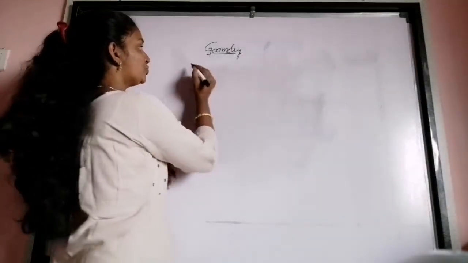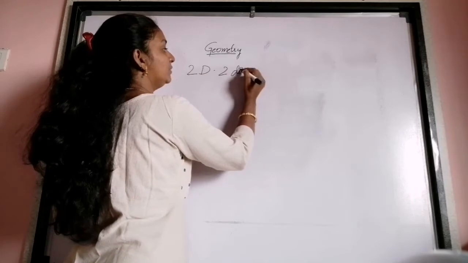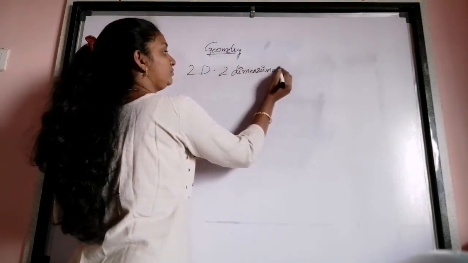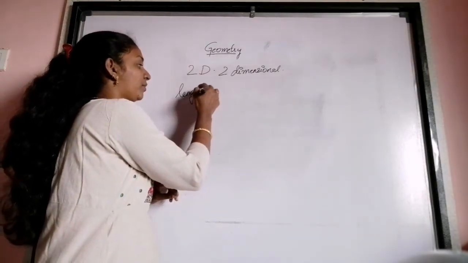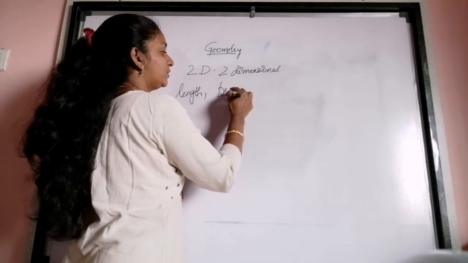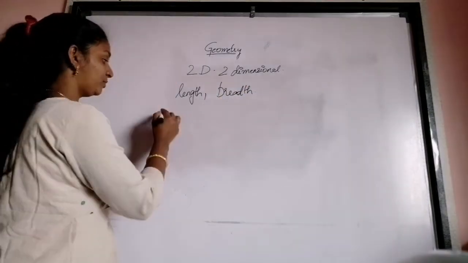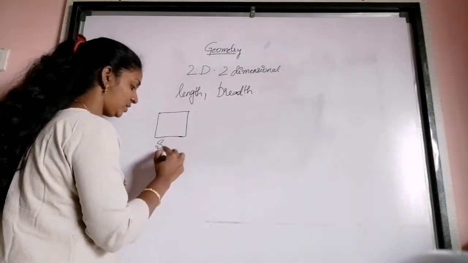Now coming to the 2D shapes. 2D means two-dimensional, which means it has only length and breadth. What are the 2D shapes? This is a square.